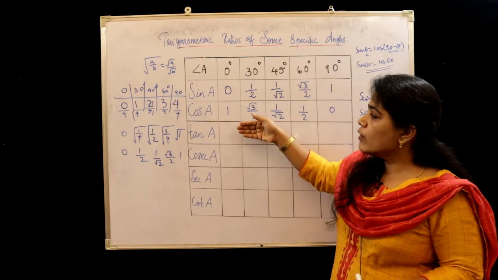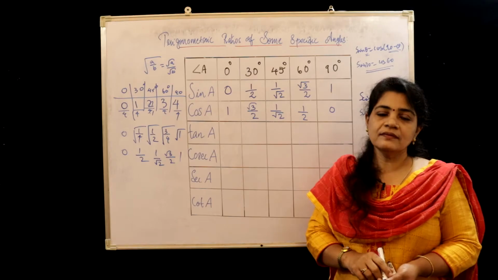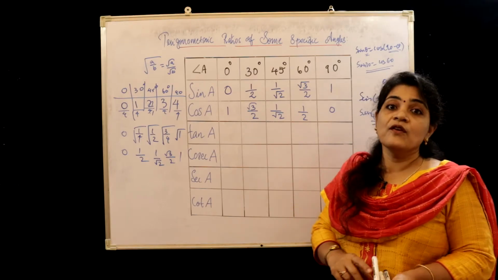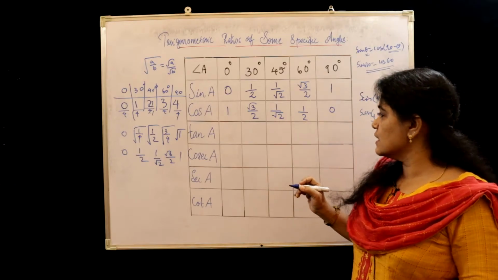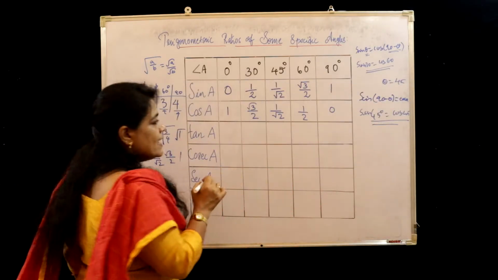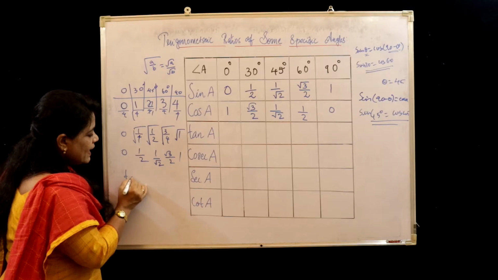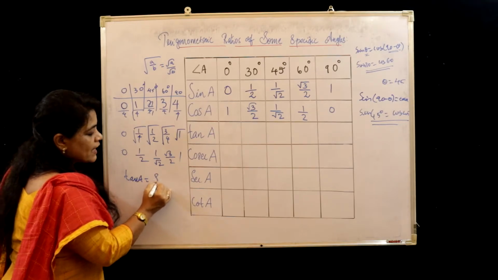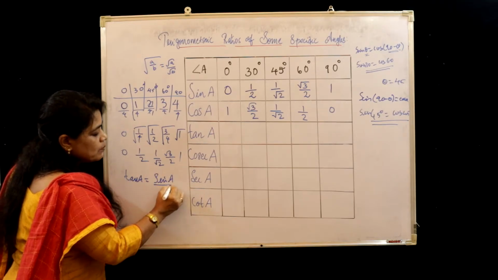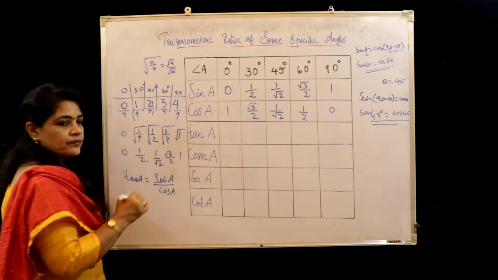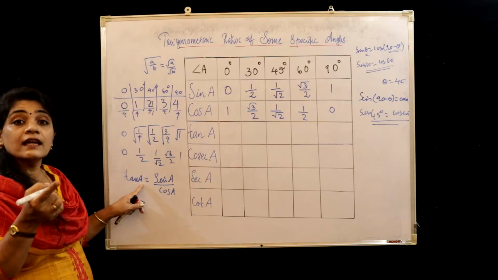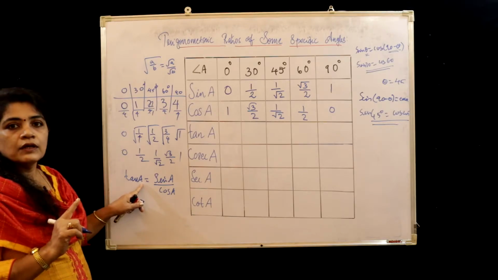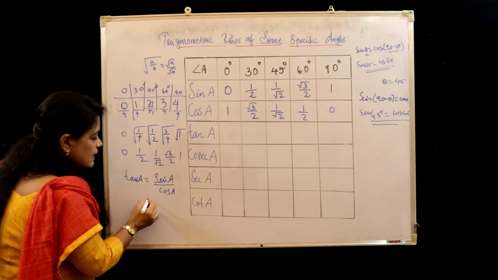So how can we fill the third column? To get the third column, we are using the quotient relation. What is the quotient relation, children? We know that tan A can be expressed in terms of sin A divided by cos A. So in order to get the value of tan 0, you just divide.